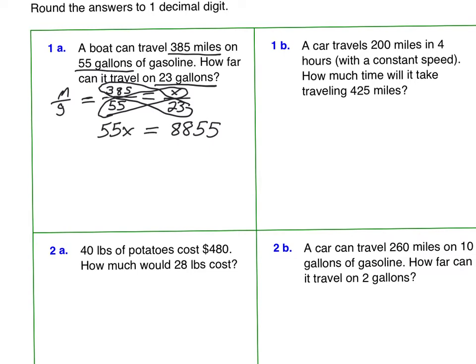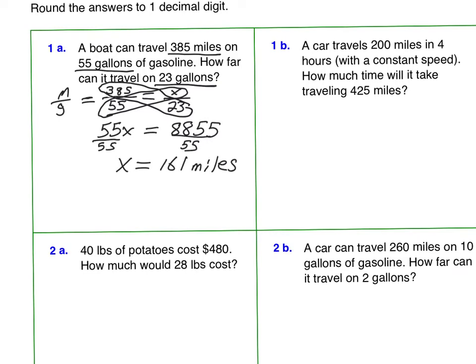We're multiplying the variable by 55, so we divide by 55 on both sides. Okay, so I take that and divide by 55, and I find out x is equal to 161. So on 23 gallons, I can drive 161 miles.